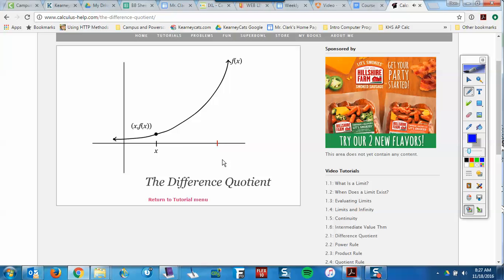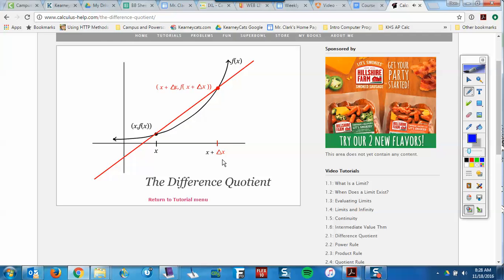I'm going to move a small distance to the right of x, and I'm going to call this small distance delta x. It's mathematical language for the change in x. Therefore, this new location is the total distance of x plus delta x from the origin, and this new point has coordinates x plus delta x, comma f of x plus delta x.